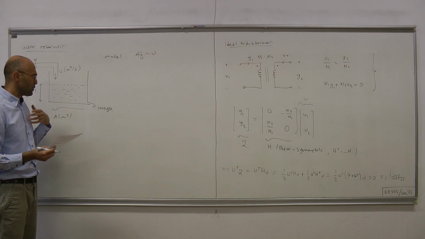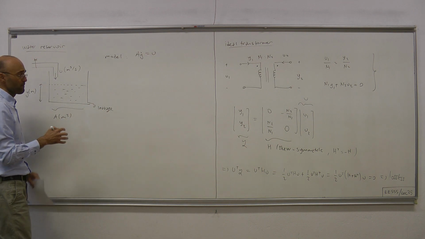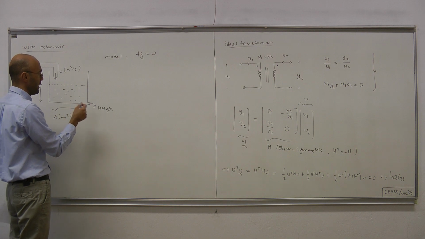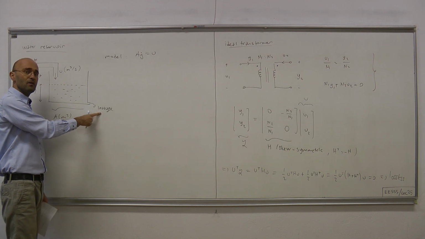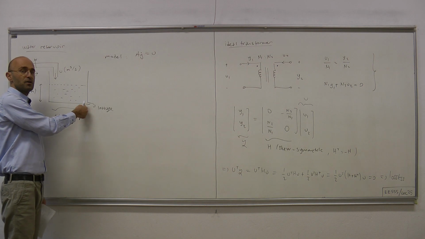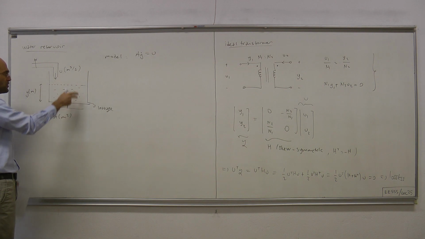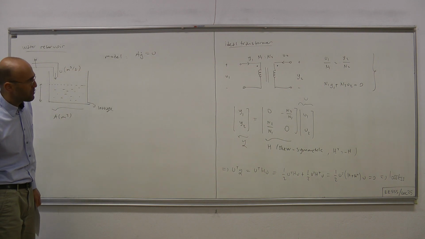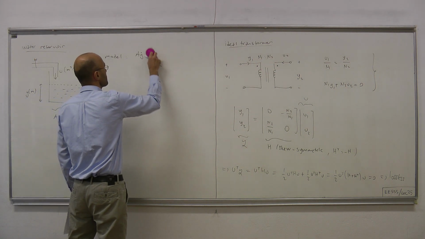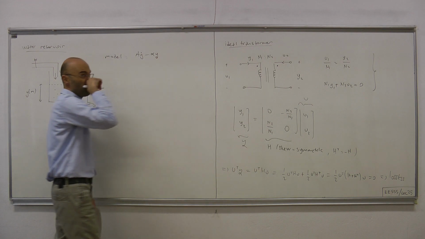Now, a very good way to approximate or model leakage is the following. Leakage is proportional to the water pressure, and water pressure is proportional to the height, because this is a uniform container. Therefore, we can represent leakage by some minus alpha y.